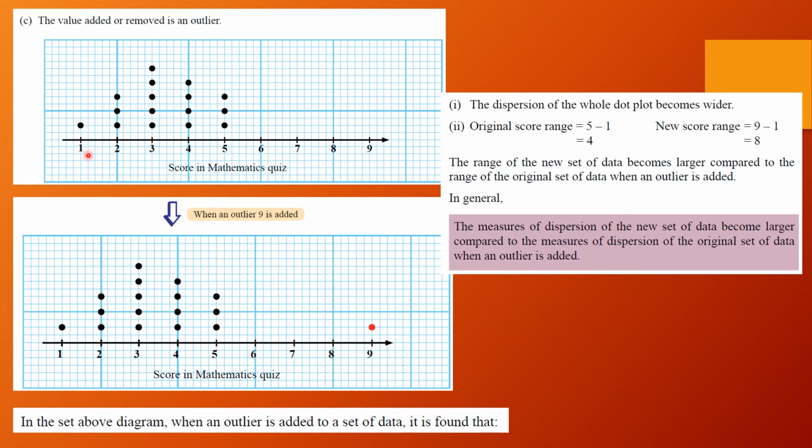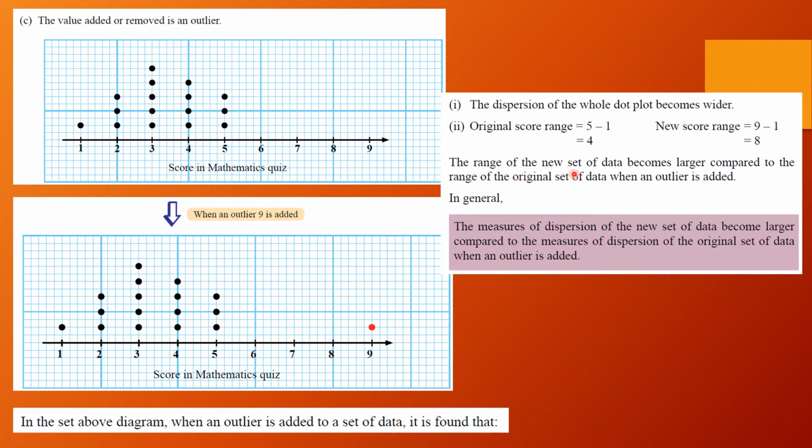Just now, the original score range was the largest score 5 minus 1, which is 4. Now when the outlier 9 is added, the new largest score is 9 minus the smallest score 1, that is 9 minus 1, which is 8.